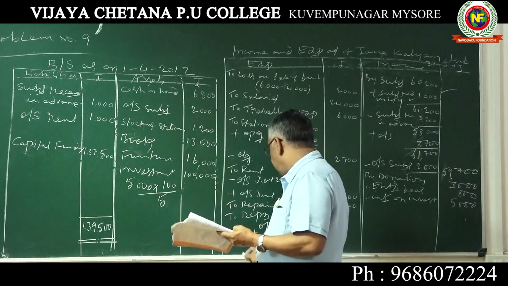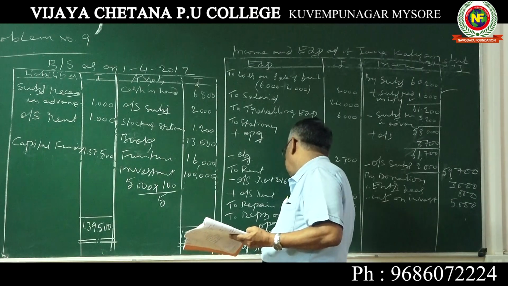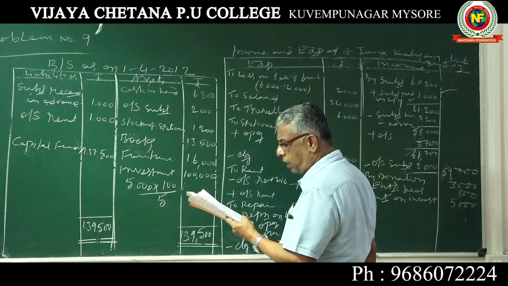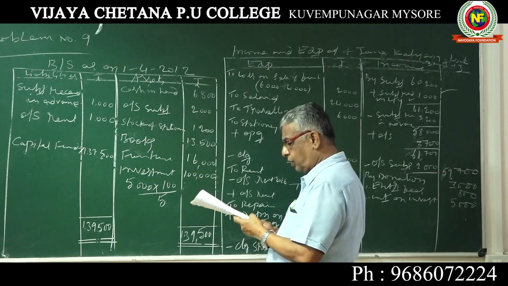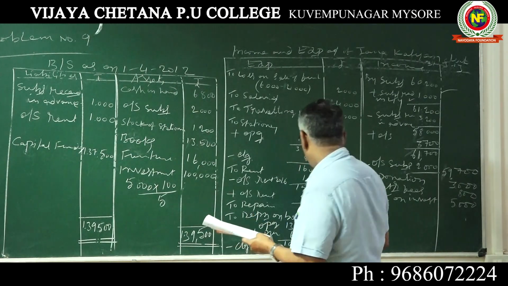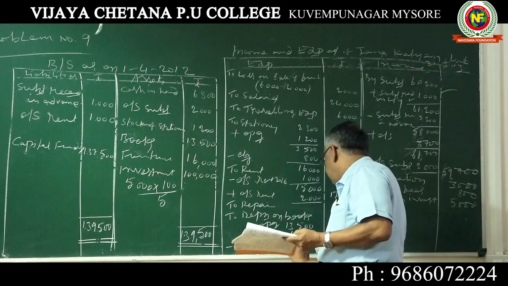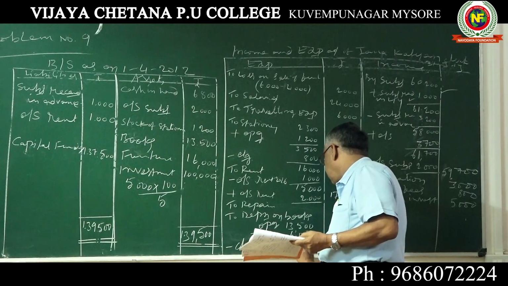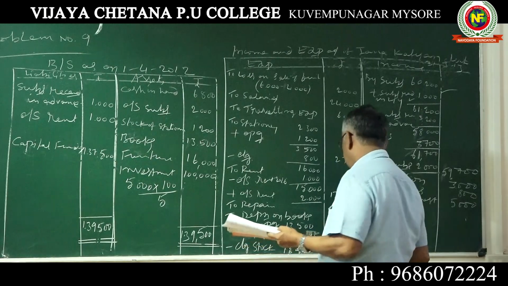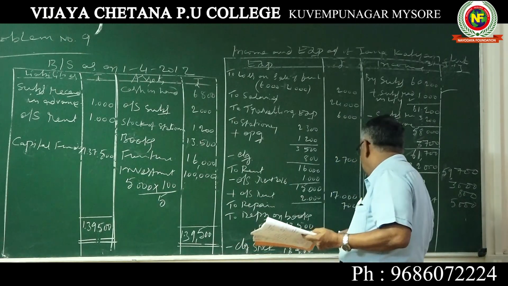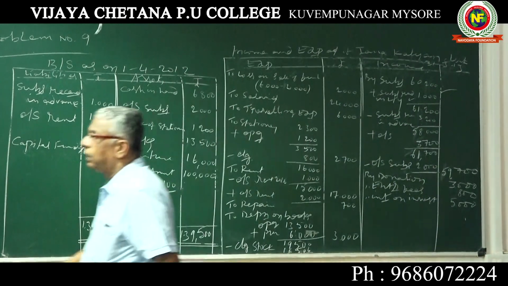Then less closing stock of books, 16,500. Deduct this, and the balance is 3,000. I will work it out here.